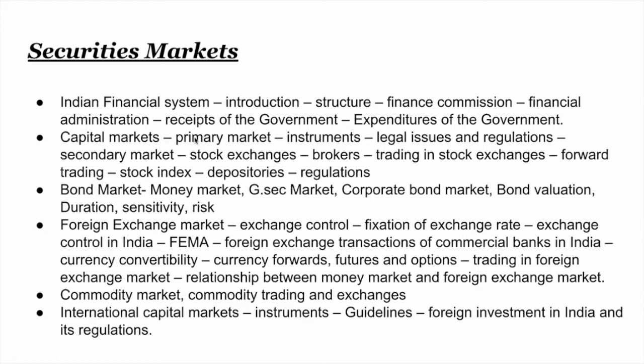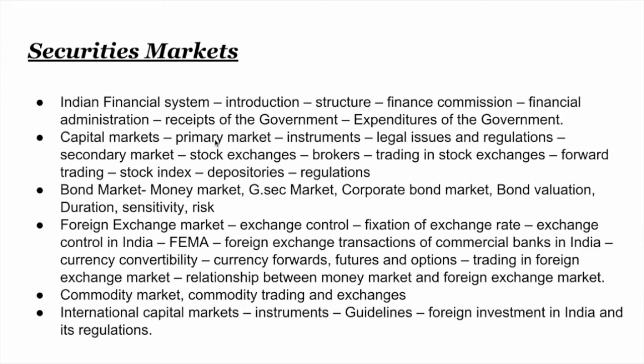After primary markets, secondary markets means the shareholders, or the people who have already bought shares in the company, sell their shares to other people in the market. In this case, the initial public offering is not available.